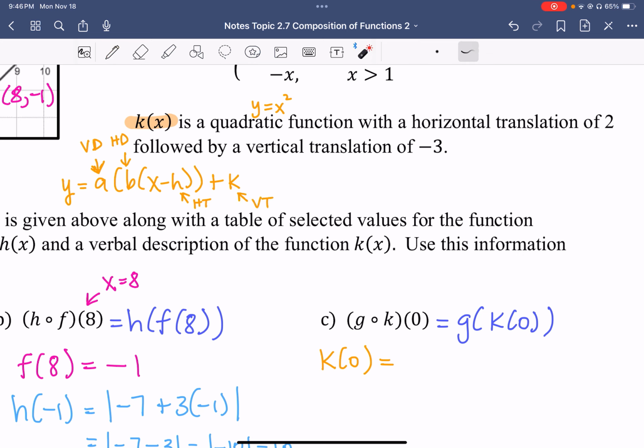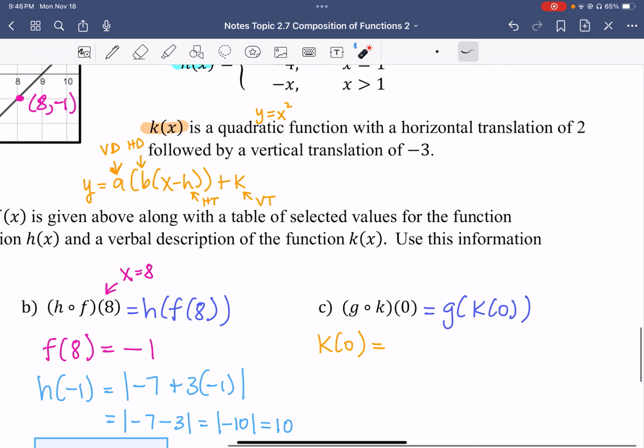So you need to be familiar with that as well, because you need to put this in order where it wants it. Okay, so again, vertical dilations are multiplied on the outside. Horizontal dilations are multiplied inside the parentheses. Horizontal translations are added or subtracted inside the parentheses, and vertical translations are added or subtracted outside of the parentheses. So all of your horizontal transformations occur inside the parentheses with x, and all your vertical transformations occur outside of the parentheses.